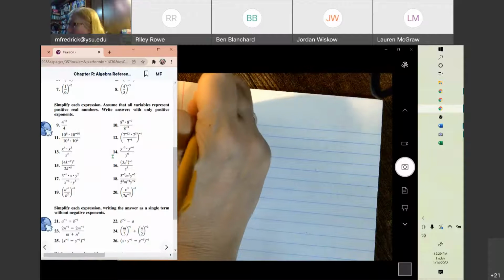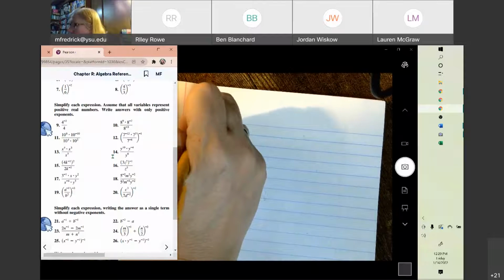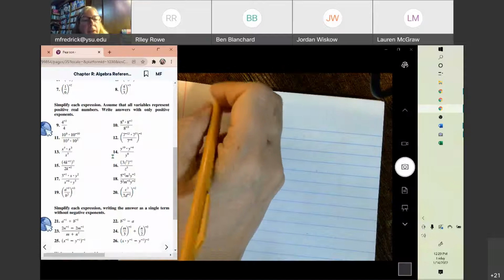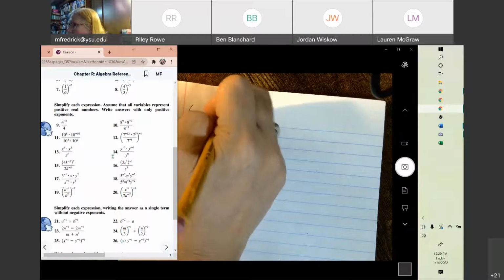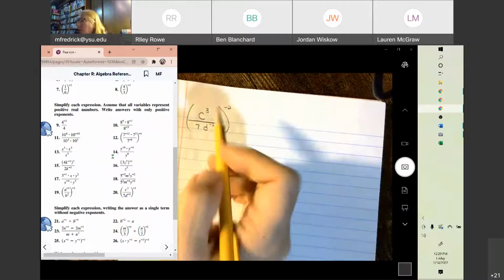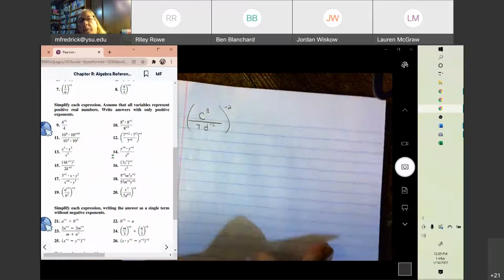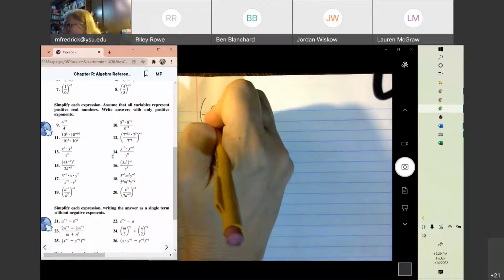c cubed over 7d to the negative 2, all that to the negative 2. So an exponent to an exponent you multiply. Remember, when there's no exponent, like on the 7, it's a 1.